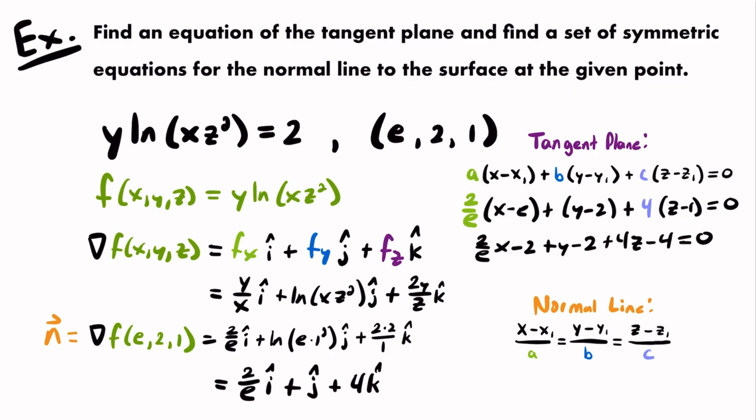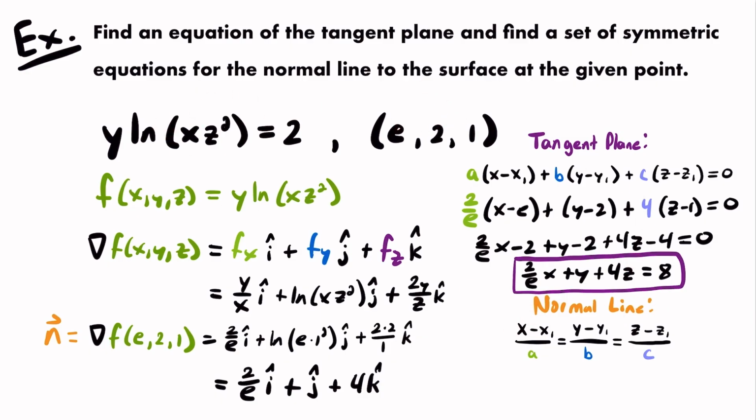And then to finish it off, negative 2, negative 2, and negative 4 become negative 8. Move that to the other side of the equation so that it's positive 8. And the final equation will be 2 divided by e times x plus y plus 4z equals 8. And that right there would be the equation of the tangent plane at this point on this surface.